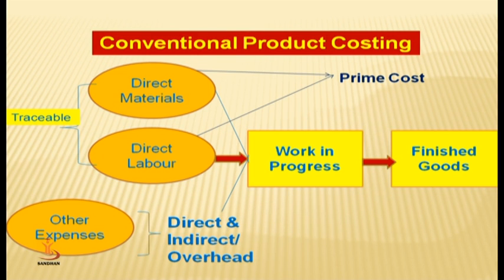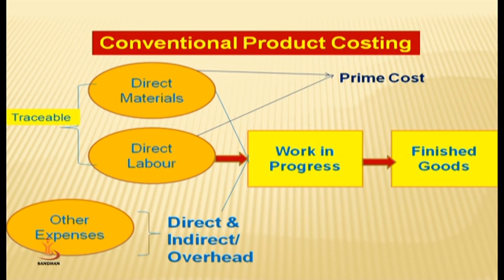In the conventional manner, the product cost is calculated by adding direct material to direct labor and other expenses which are direct or indirect in nature.